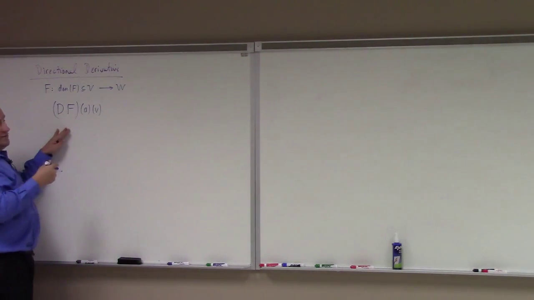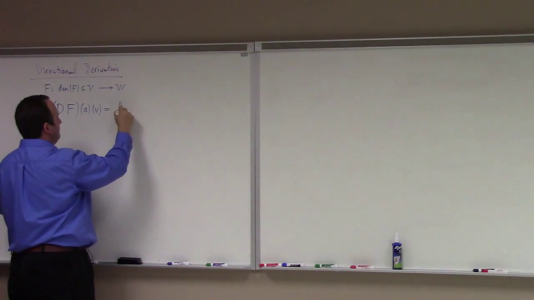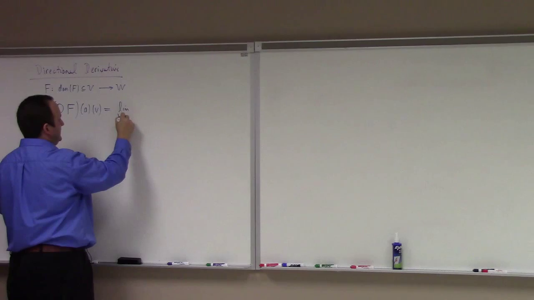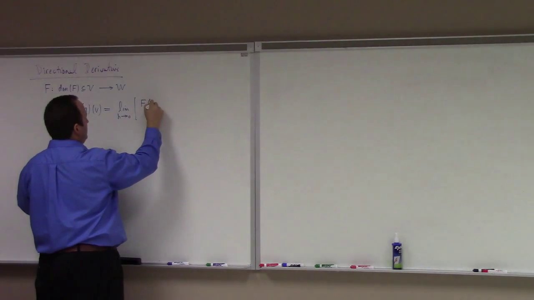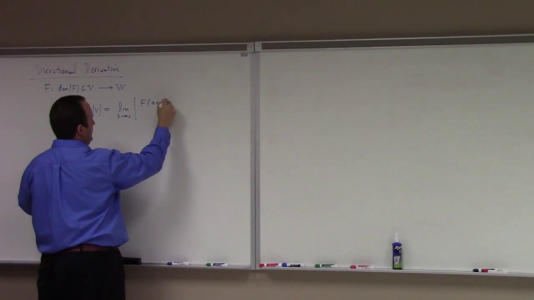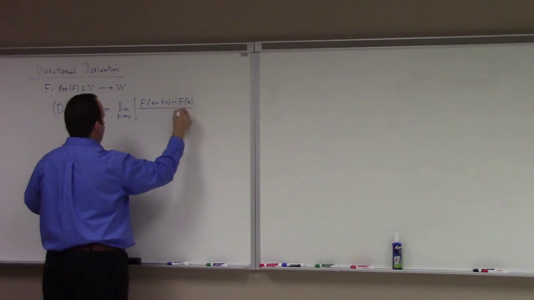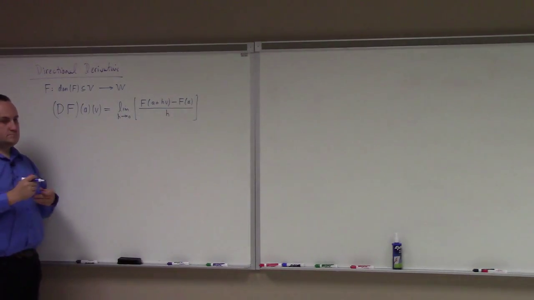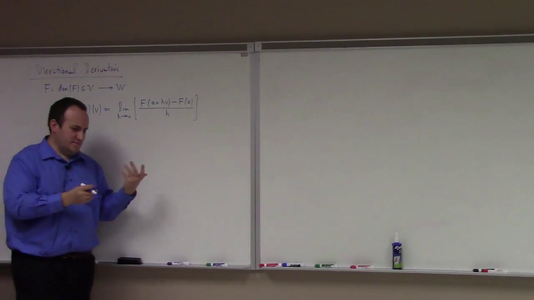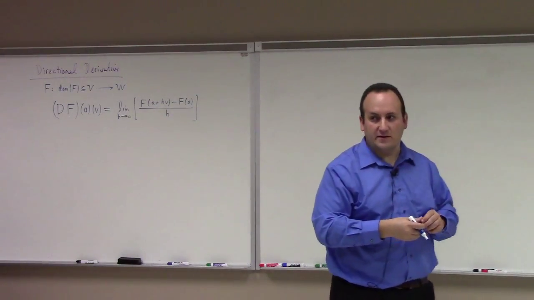So the directional derivative of f at A is simply defined to be the limit as h goes to 0 of f of A plus hv minus f of A, divided by h. We dropped this assumption that V has to be a unit vector when we study advanced calculus.